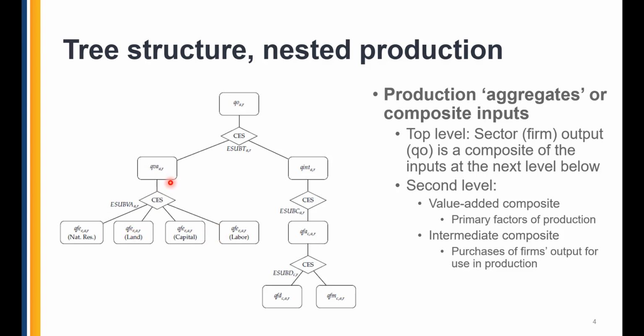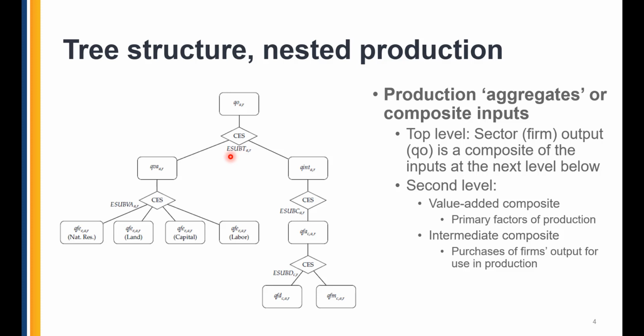Okay, and so those two interact, or aggregate, or go through the technology right here, represented as CES, constant elasticity of substitution. And so this diamond here is telling us that there's a technology aggregator, or production technology in place that works over value added composite and intermediate composite, and it's actually got a governing parameter, the ESUBT, or the top level substitution elasticity.